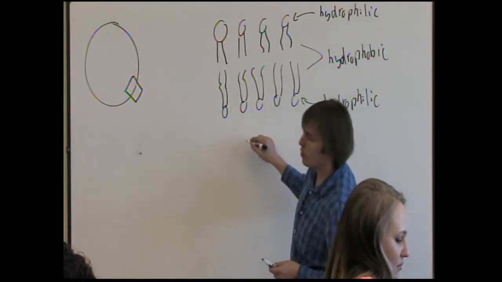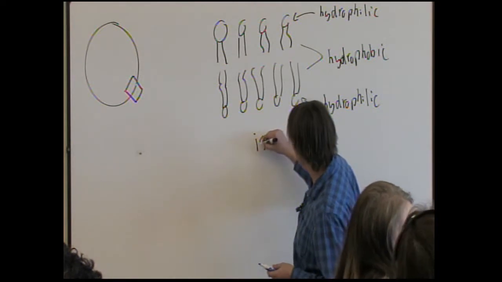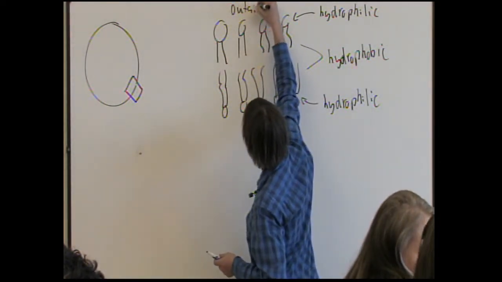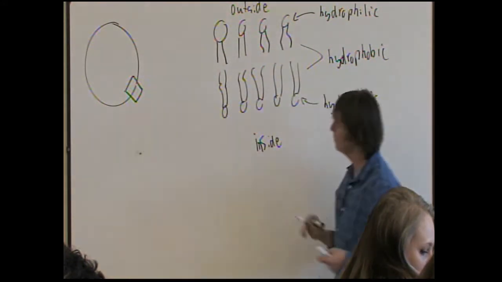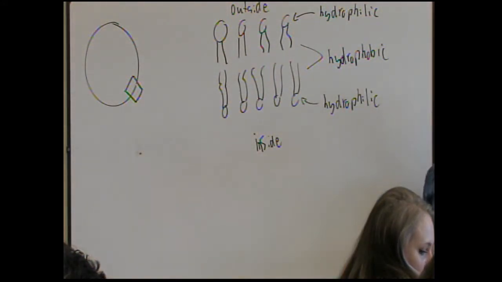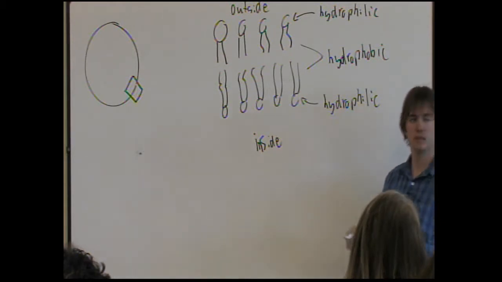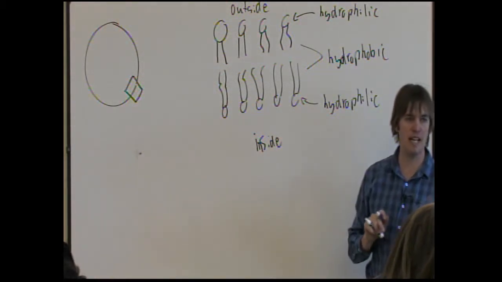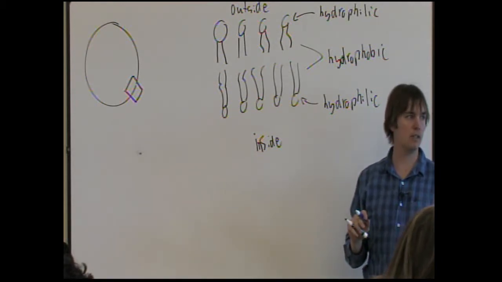So just to orient ourselves, let's say this is the inside of the cell, this is outside. What else did you have to draw? The transmembrane protein. Okay. So transmembrane, what does trans tell you? It goes all across.